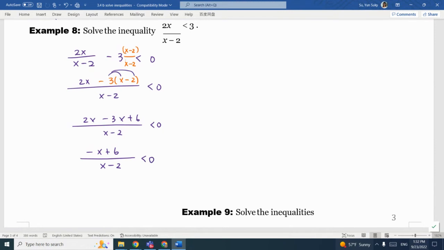Right, everybody? Awesome! You see, we're ready. We've factored the left-hand side completely. Okay, can you tell me what the critical numbers are? 2 and 6.